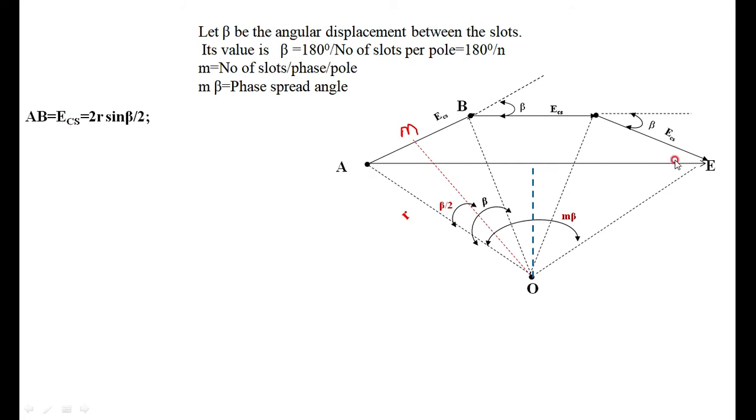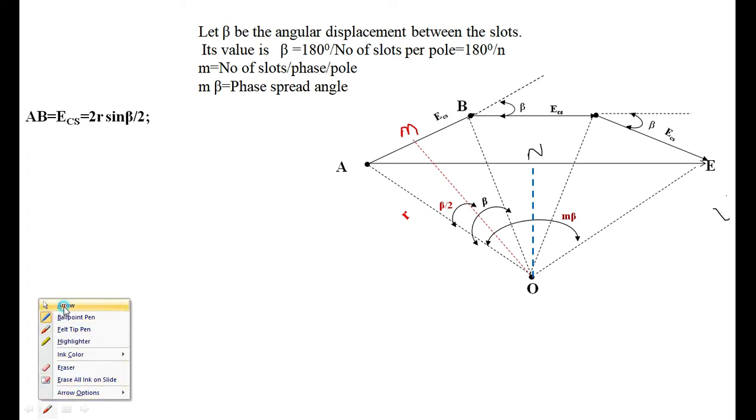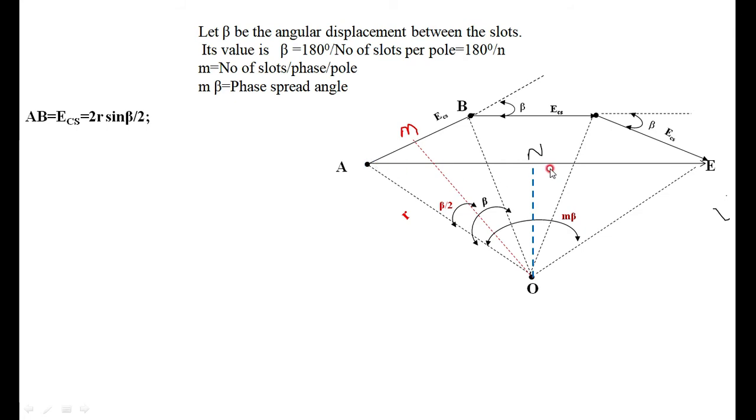Similarly, for triangle AEO, I am dropping a point here. You can call this point N. Then from triangle OAN, you can find AN. This is totally M beta, so this angle is M beta by 2. You can apply the sine function once again.